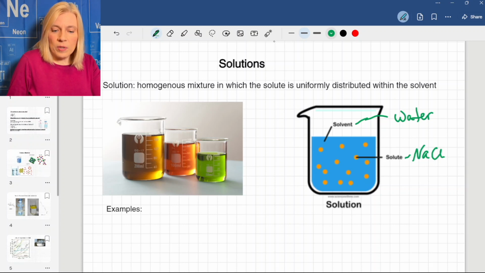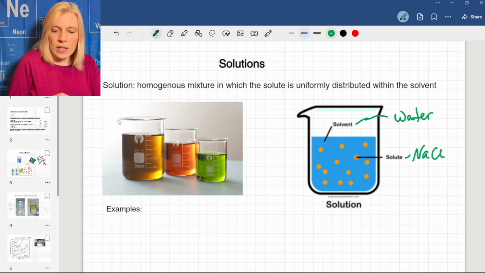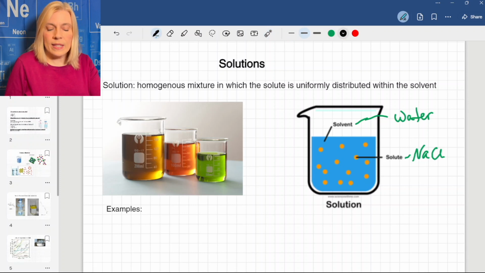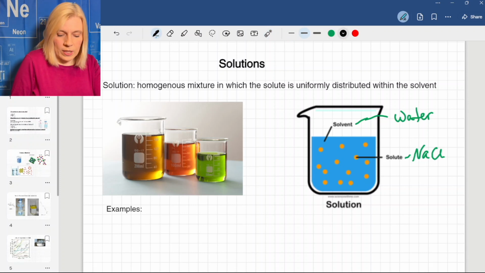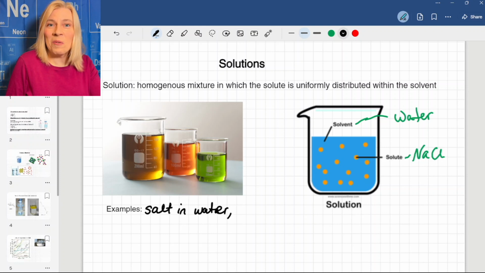Here is another nice example. This is just different food coloring in different beakers. So the food coloring molecules are swimming nicely between water molecules, between the solvent. So let's just write some examples. One of them that we just have right here is salt in water. Or an ocean.